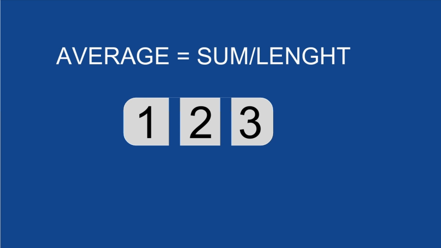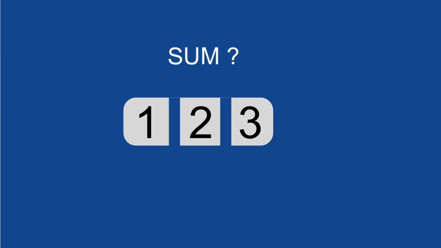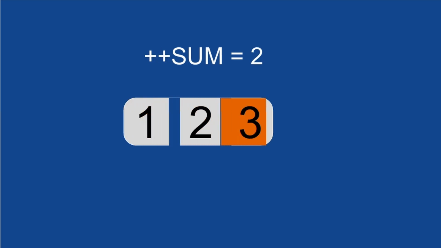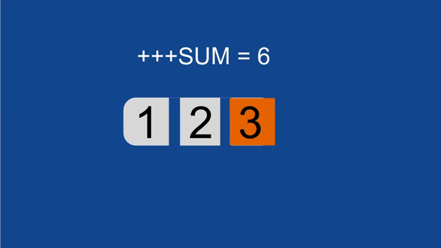It will give you 2, and 2 is the average. And the question now, how to find the sum? What is the algorithm to find the sum? The sum works by initializing it to 0, then looping through the list and keep adding elements to the sum until it stops. And there we have our sum. We need just to divide it by the length of our list and we get the average.